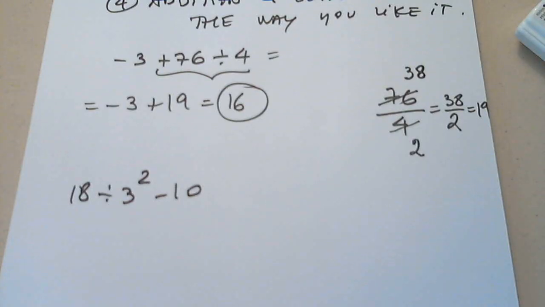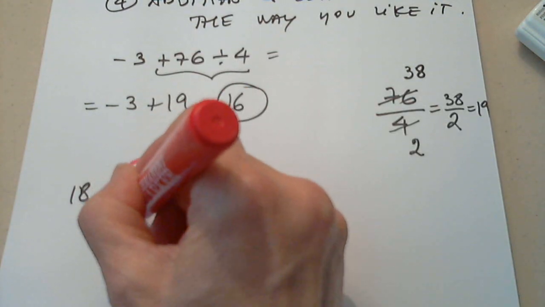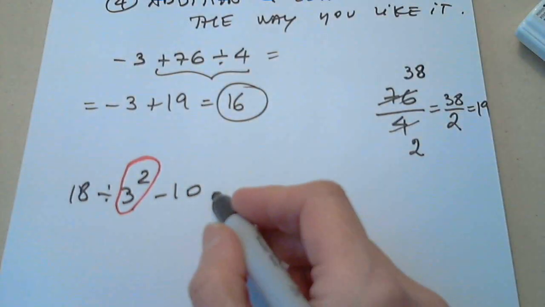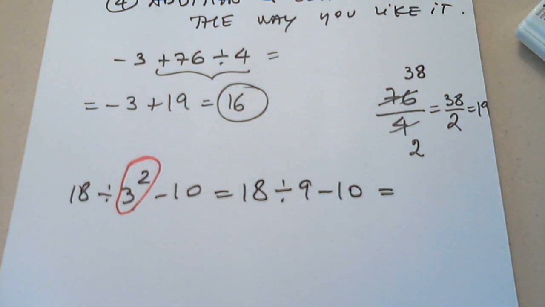Yes, I see exponents here. And this is where I have to start. So the first step is perform 3 squared. Can anyone tell us how much is 3 squared? 9. So that's my starting point. That's the absolute first step. I write 18 divided by 9 minus 10.